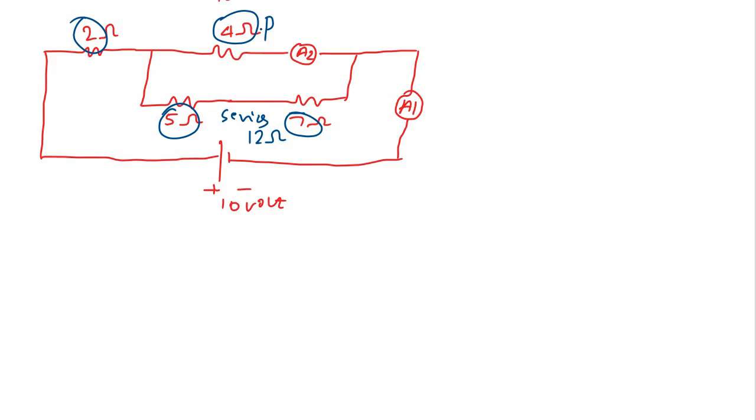So 12 and this 4 are in parallel. For parallel, what do we have to do? We have to calculate 4 multiplied by 12, and in the denominator we consider 4 plus 12.